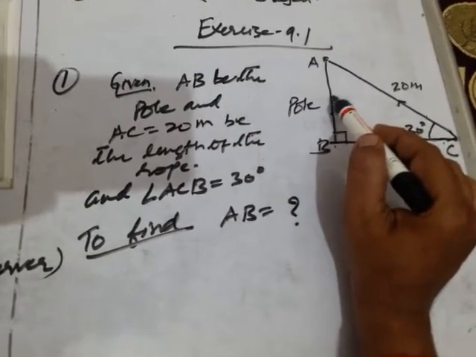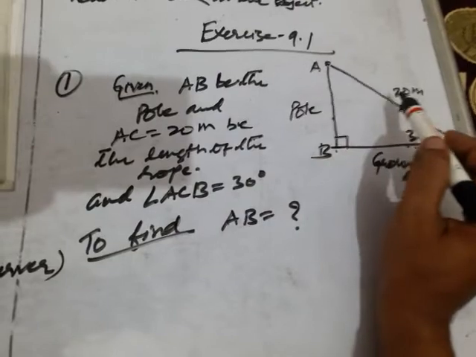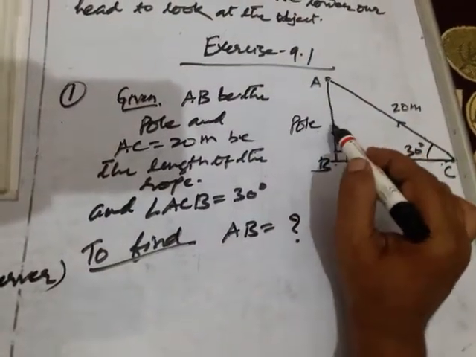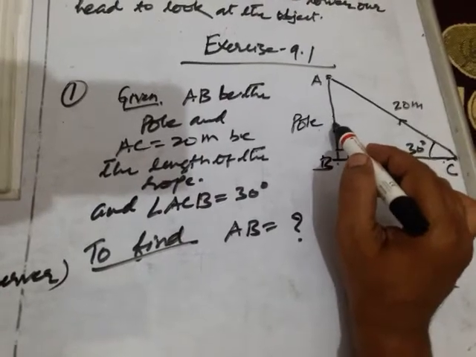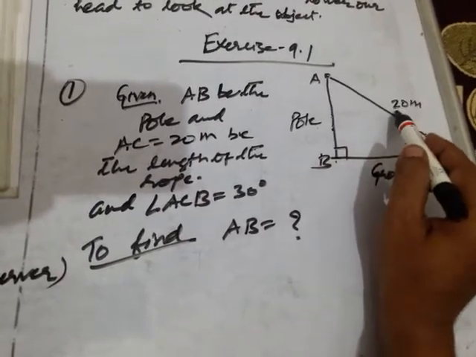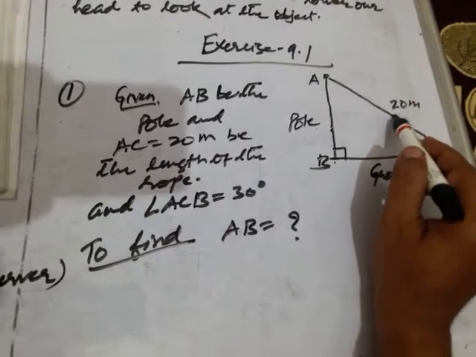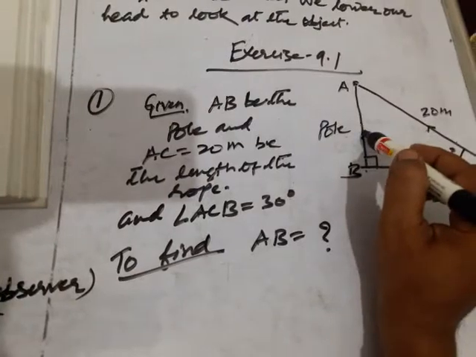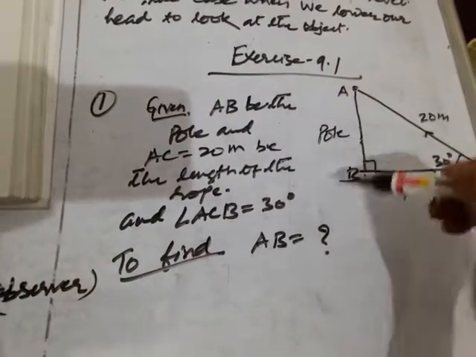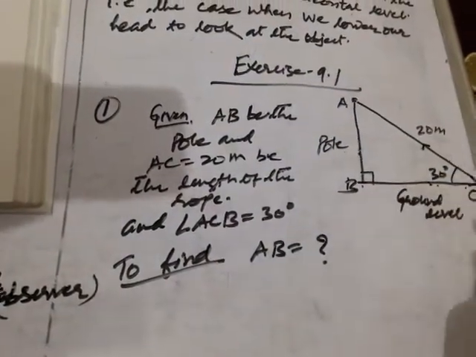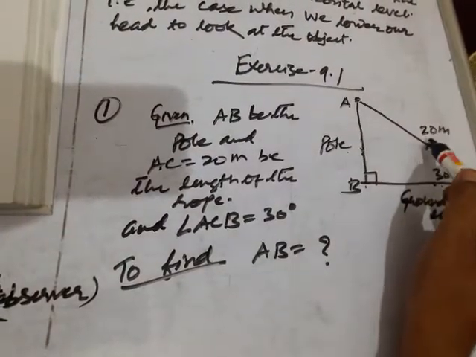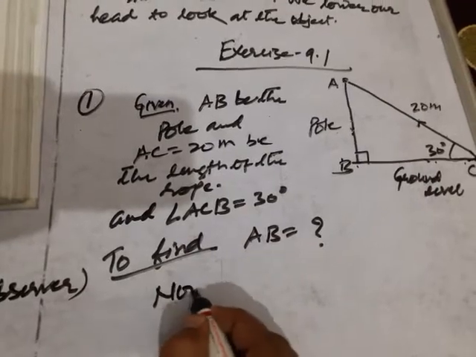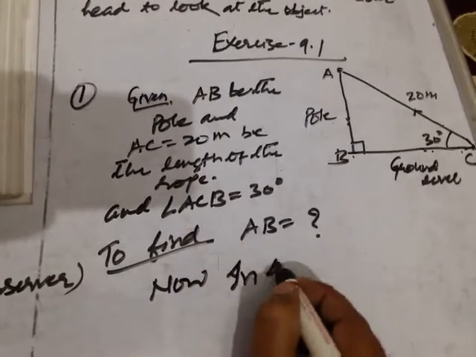So you have to select a trigonometric ratio that involves this height, that is the perpendicular, and the hypotenuse. So the trigonometric ratio in whose relation this perpendicular and hypotenuse are involved, we will select.